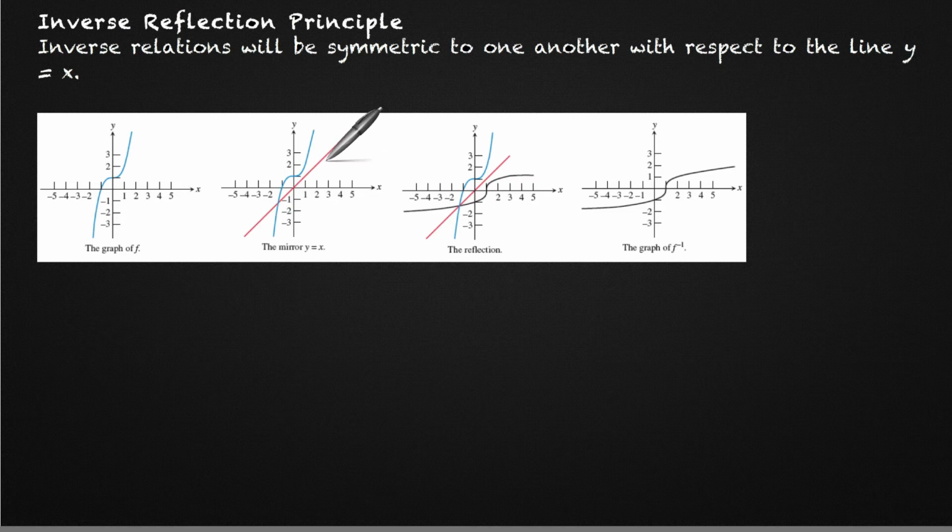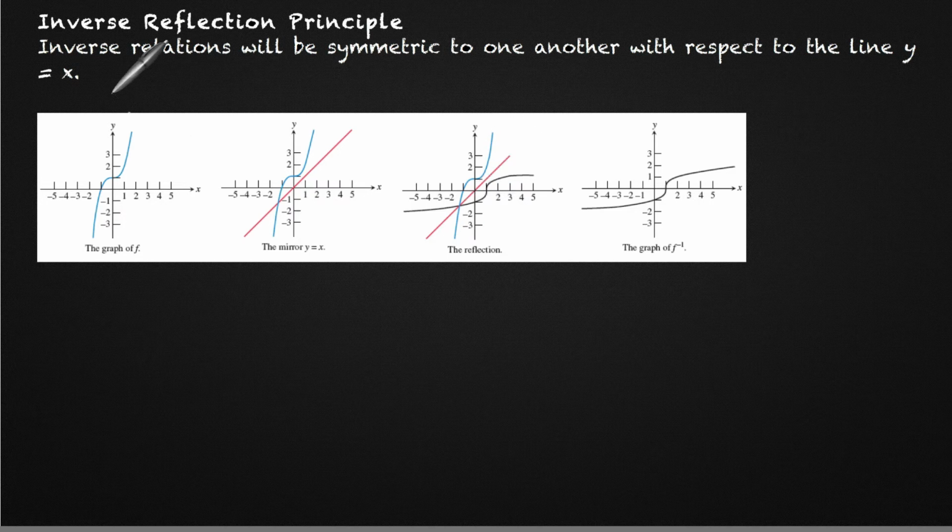So that means on the right side and on the left side of y equals x, the function should look exactly the same. So I want you to notice the symmetry of the light blue curve, which is our original curve, and the black curve, which is our inverse function, and how symmetrical it is about this red line y equals x.